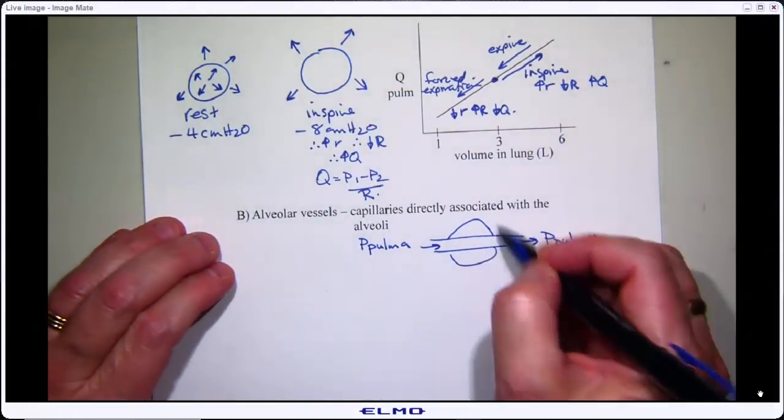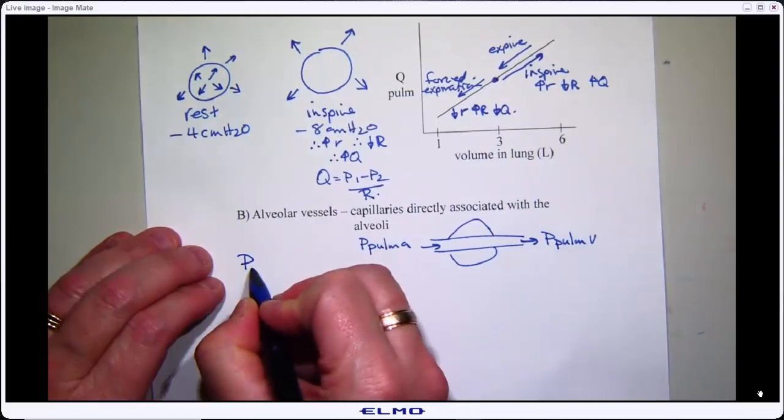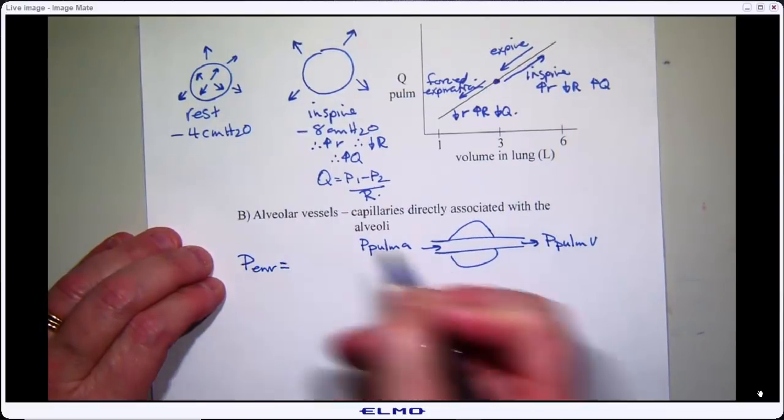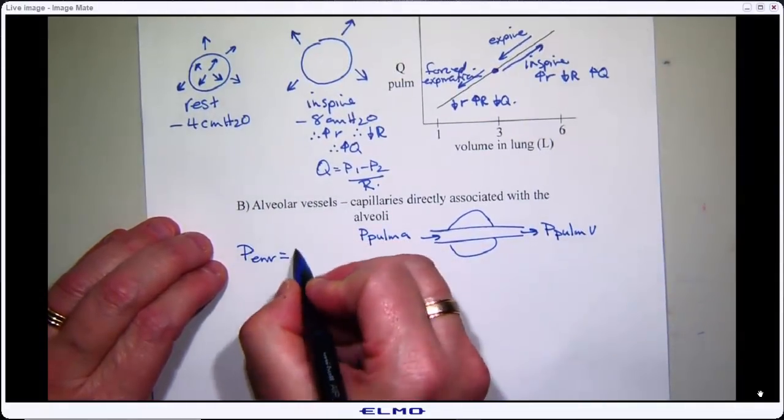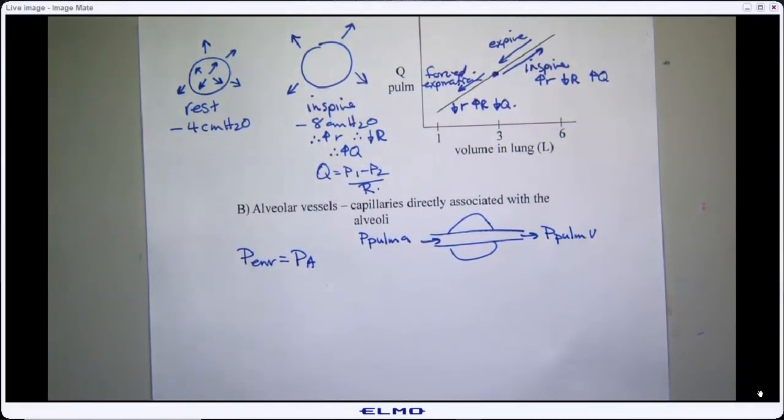The environmental pressure, or the transmural pressure here, when it comes to this capillary is the pressure in the alveolus. And pressure in the alveolus was going negative and positive, wasn't it, in order for us to breathe in and breathe out? Right? So that environmental pressure is pressure in the alveolus.